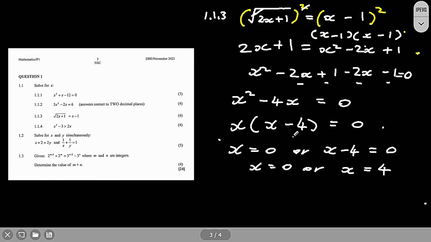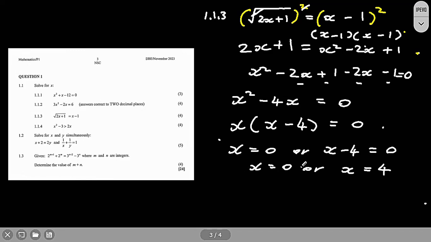Now at this point you only have 3 marks and the question is 4 marks. So to get all the 4 marks, you must indicate which answer of x doesn't apply or which answer is invalid. In this case it's 0.